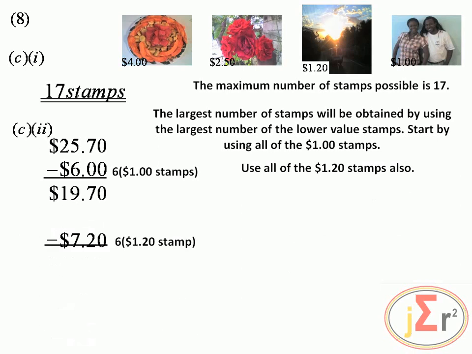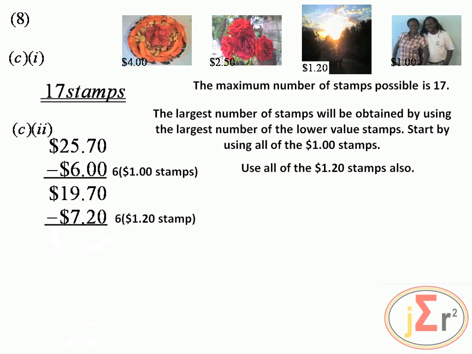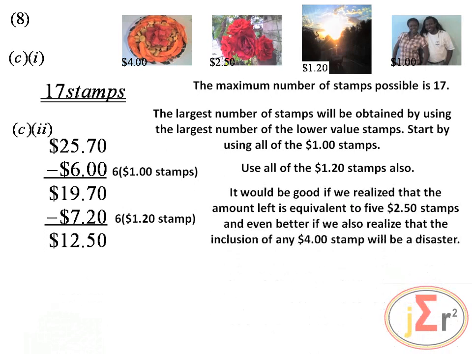She'll use all of them. So she used all 6 of them. Right? She used $7.20, and we subtract that from $19.70. We have $12.50. So now we have only the $2.50 stamps and the $4 stamps left. So what do we do?